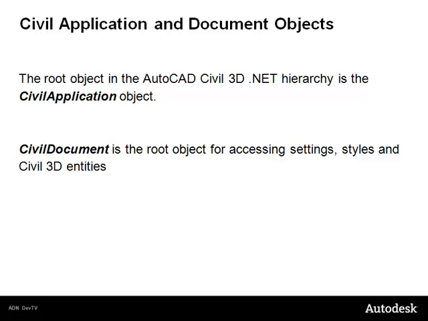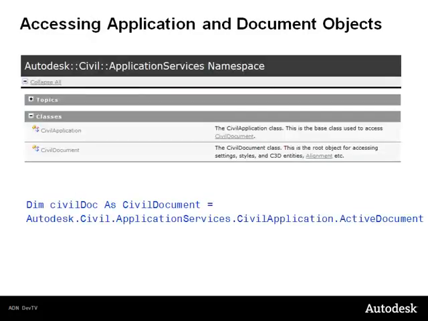CivilDocument is the root object for accessing settings, styles, and Civil 3D entities. The active CivilDocument object is accessed by importing the Autodesk.Civil.ApplicationServices namespace and getting the CivilApplication.ActiveDocument property.